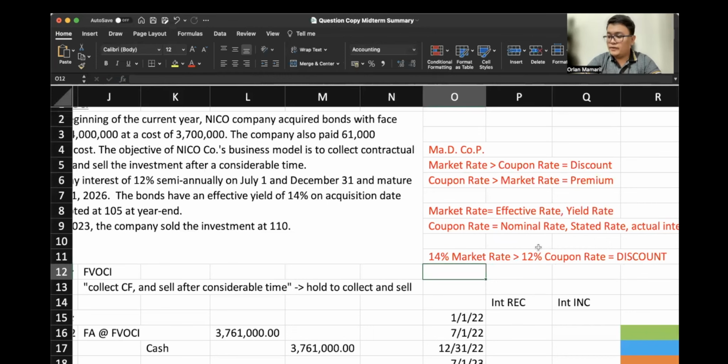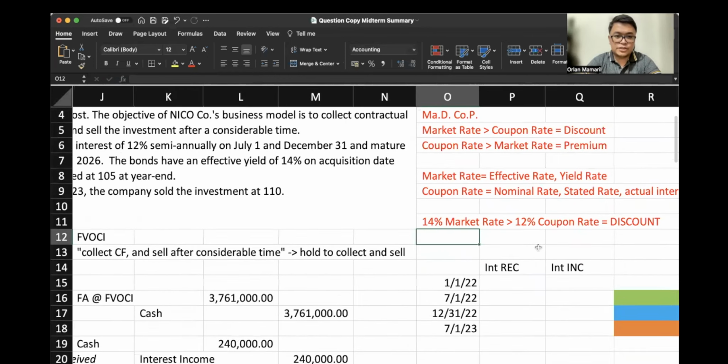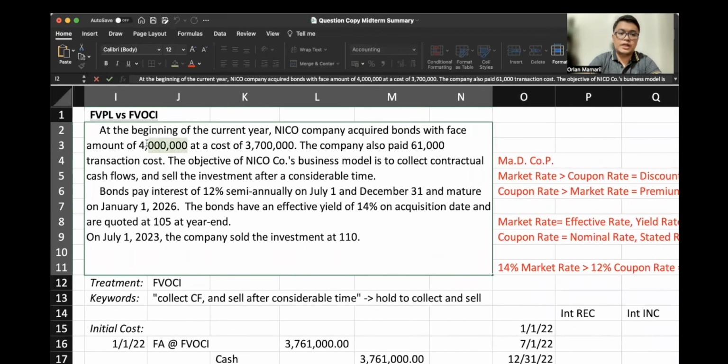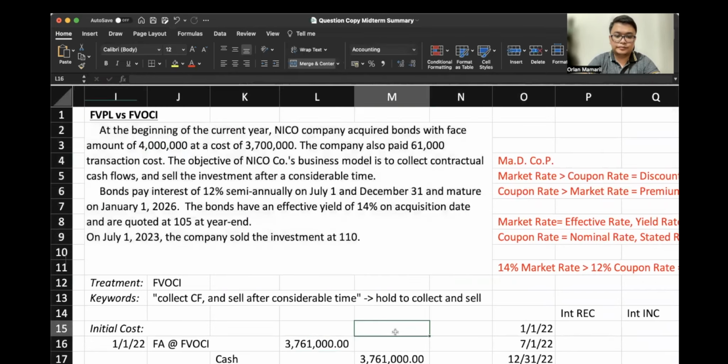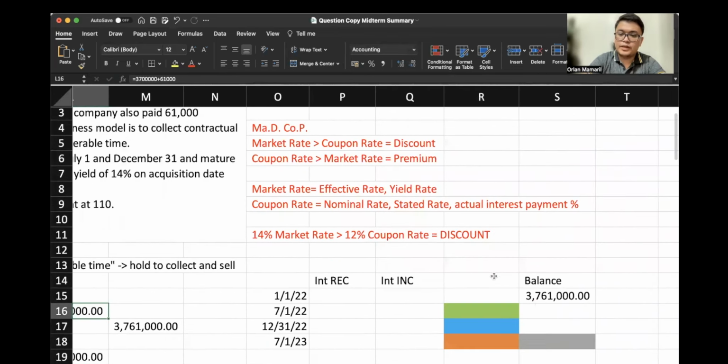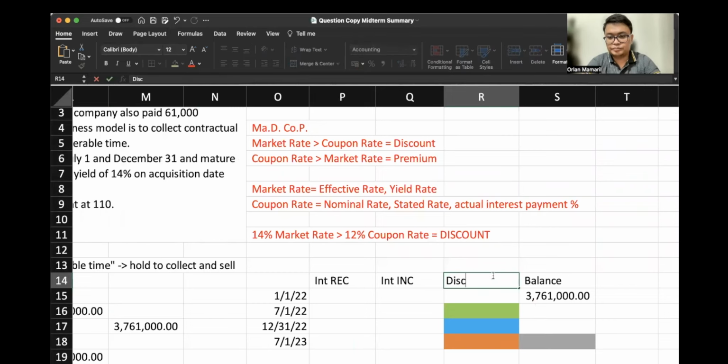And we have a discount by also observing the face value of our investment is 4 million, but we have acquired it at a cost of 3,761. Since our acquisition cost is less than the face value, there's indeed a discount. So 3,761, and we will amortize our discount over the years.